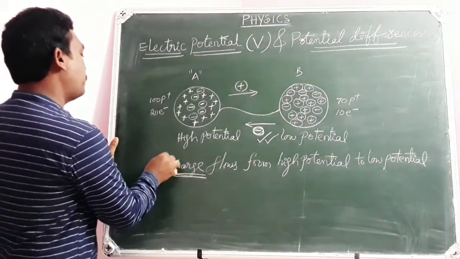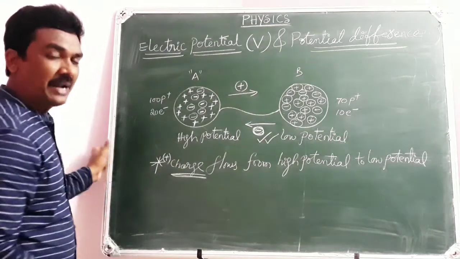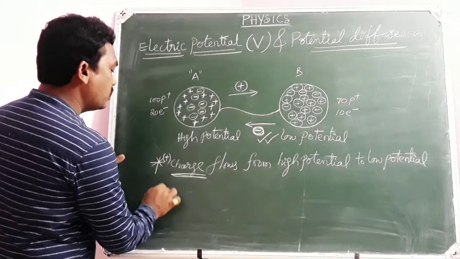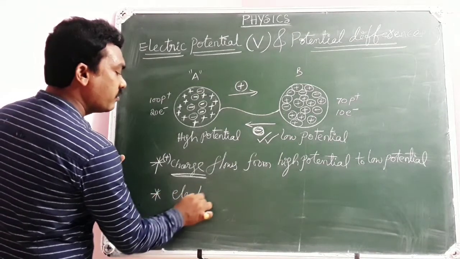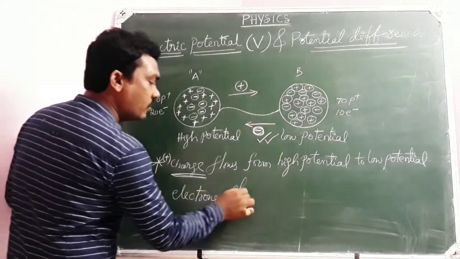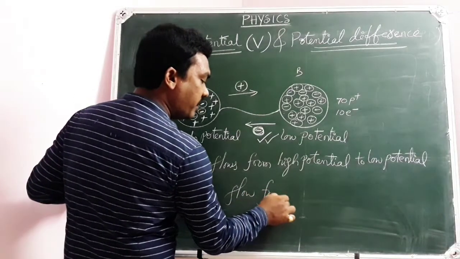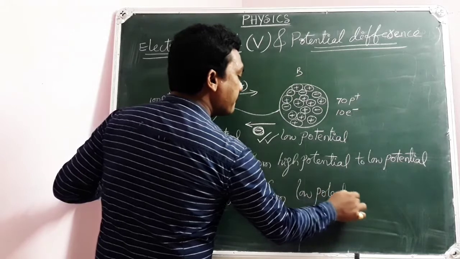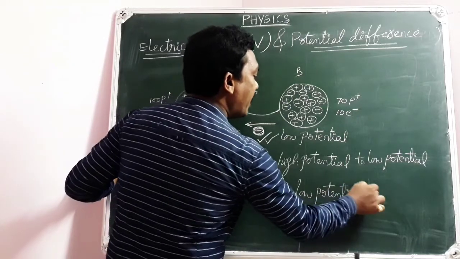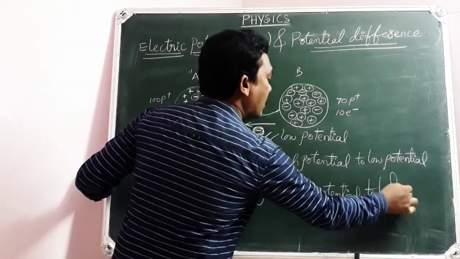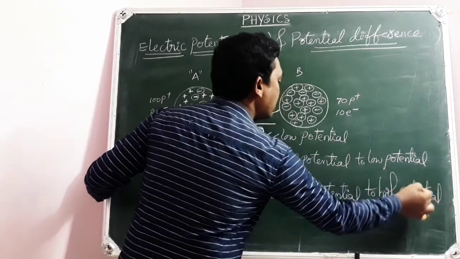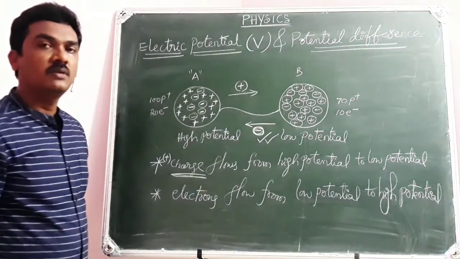Charge means default positive charge. But practically, electrons move from low potential to high potential, until the potential is balanced, which is the equilibrium state.